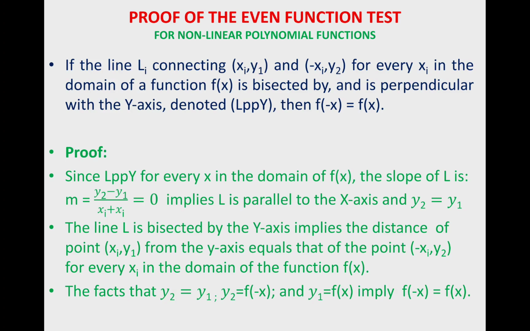One of them is the image and the other one is the object, and the line connecting them, we call it L, and that line, we proved that that line is symmetric around the y-axis. And from that we concluded, since that line could be moved up and down as long as the points are on the function f of x, then the function f of x itself is an even function.